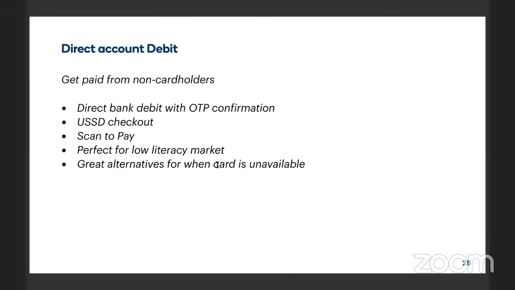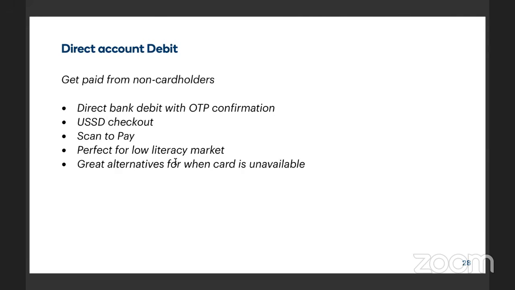So when a user is in a place where he doesn't have access to his card, the next best thing is actually direct account debits, right? So this is authenticated using OTP. There are other ways that we can get money out of the user's account without the card, which include USSD and scan-to-pay channels, that is Visa QR.